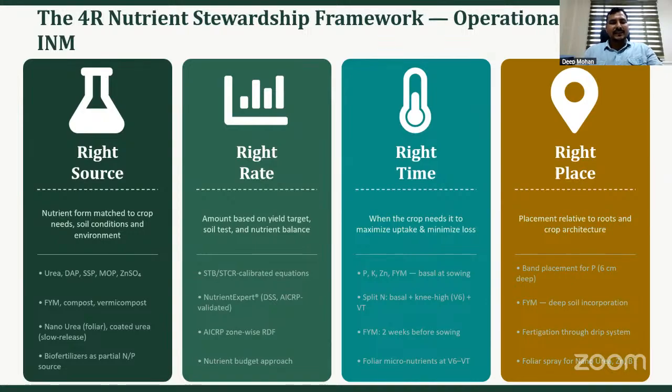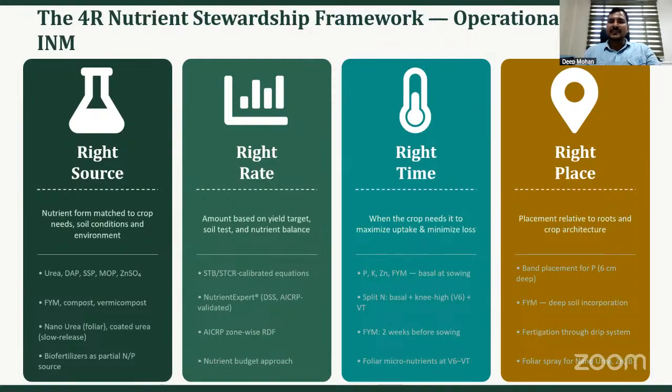So source selection is affected by different things. It's not a habit, because it has its own reasons. And if we look at the right rate, it's how much to apply. How much of a nutrient is going to be applied is decided from the soil test.